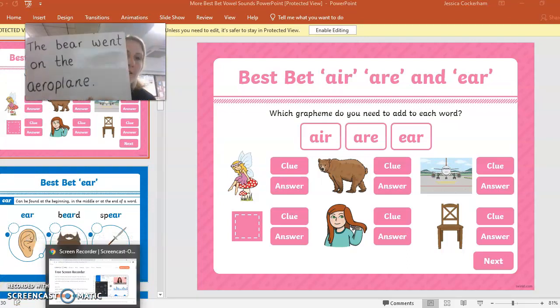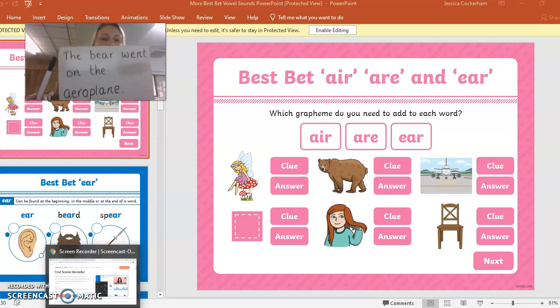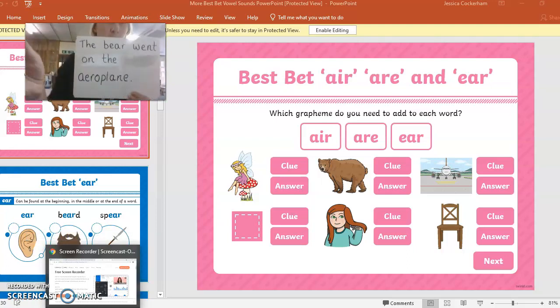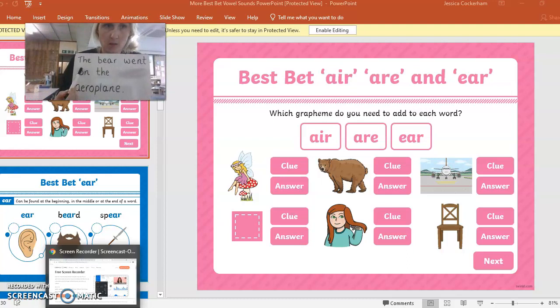Let's read it together. The bear went on the aeroplane. Full stop. The bear went on the aeroplane.